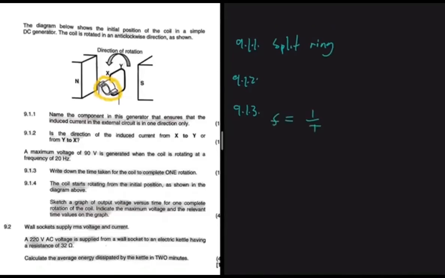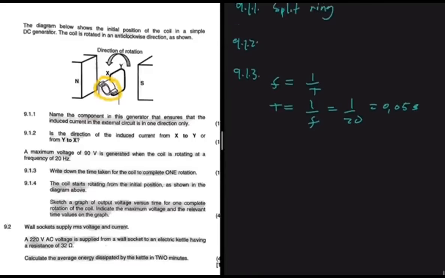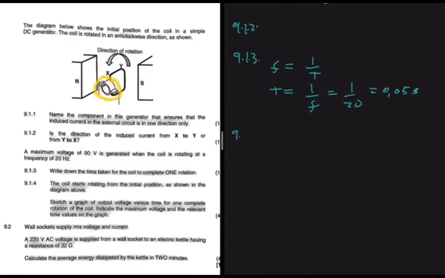If we rearrange this formula, the period equals 1 divided by the frequency. So this should be 1 divided by 20, and if I put that in my calculator, I'm getting 0.05 seconds. That is the time taken for the coil to complete one rotation.